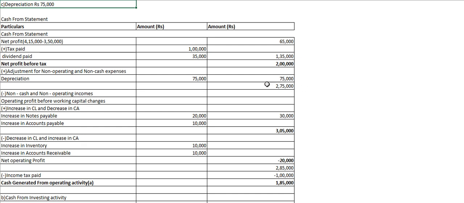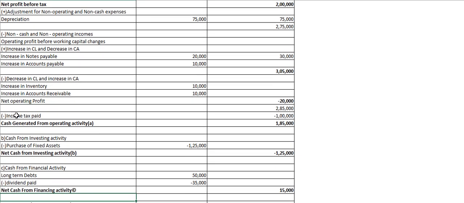You get the resultant figure of 2,75,000, 2 lakhs plus 75,000. Minus any non-cash or non-operating incomes; we do not have anything in the question. So moving on, operating profit before working capital changes is nothing but 2,75,000.